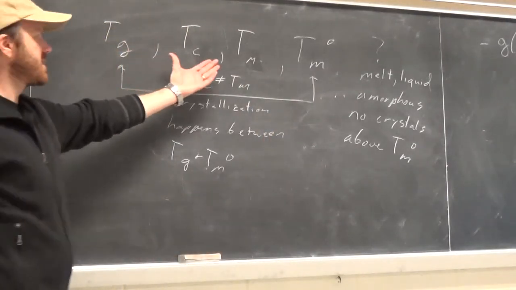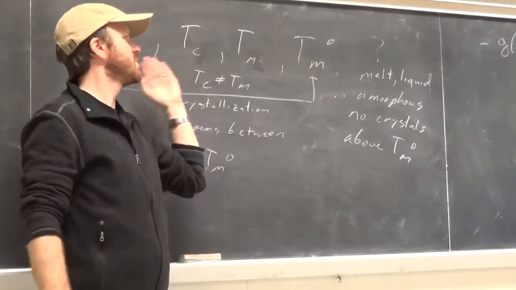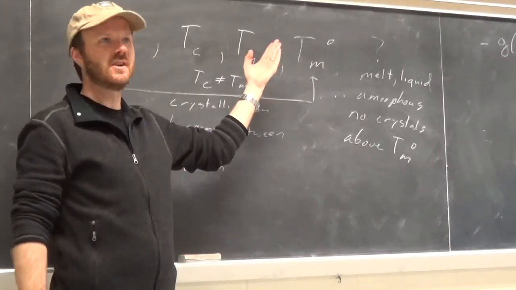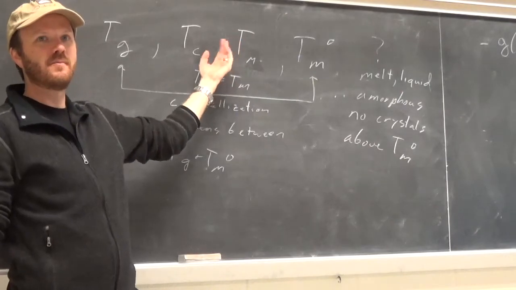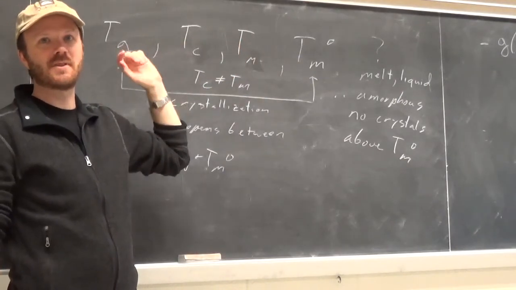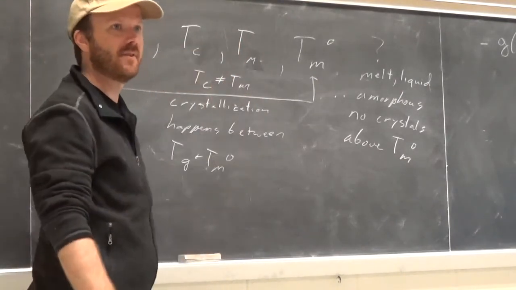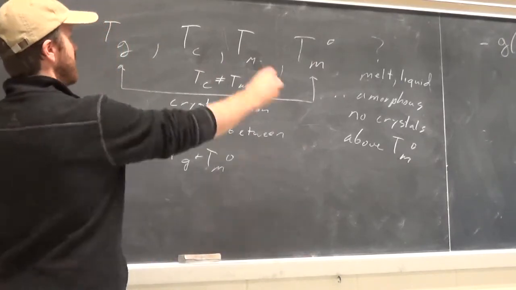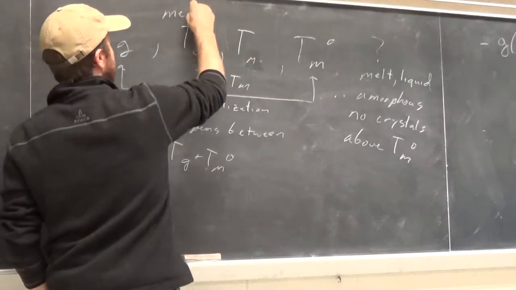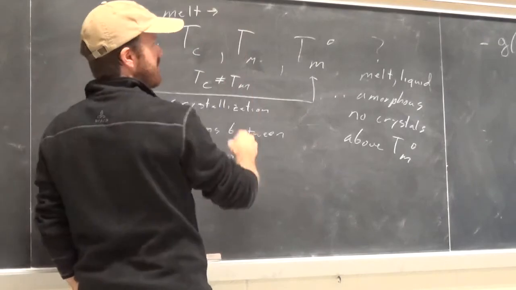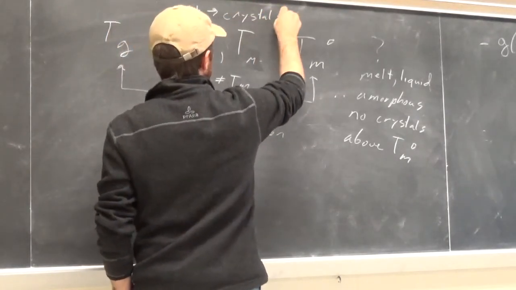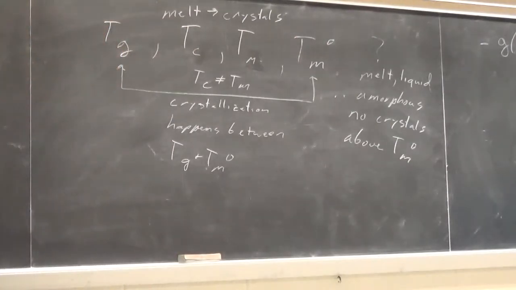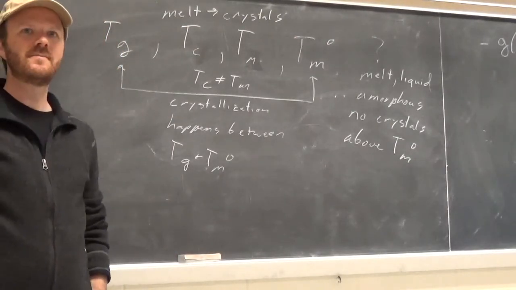So if we crystallize a polymer and we're holding the temperature between TM0 and TG, what two states do we have in the polymer between TG and TM0? We have melt, and the melt turns into what? Crystals. Great. Does the glass turn into crystals?